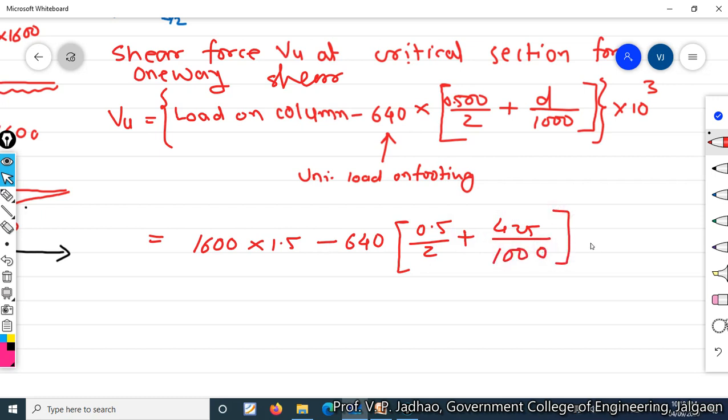Because we are considering the depth in mm. Multiply this whole term with 10 raised to power 3 to get the value in Newton. So we'll get the critical shear force value.